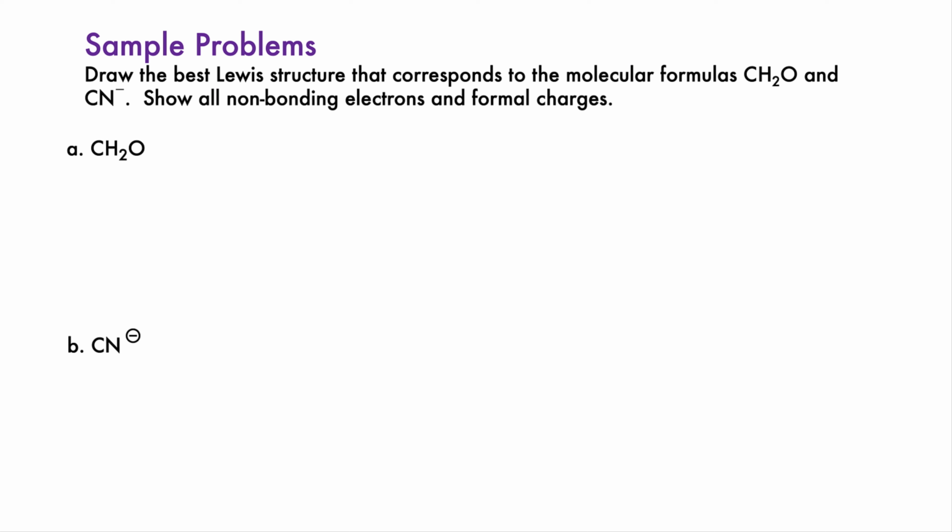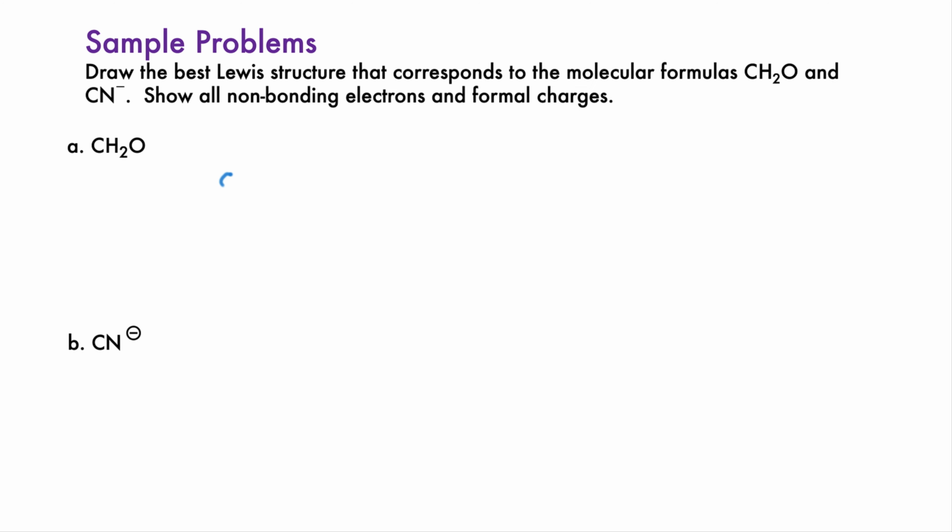Pause and do these sample problems. Draw the best Lewis structure that corresponds to the molecular formula shown. Show all non-bonding electrons and formal charges. In A, we have 1 carbon atom, 1 oxygen atom, and 2 hydrogen atoms.